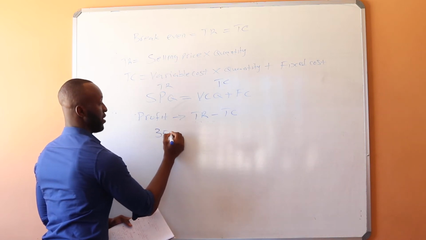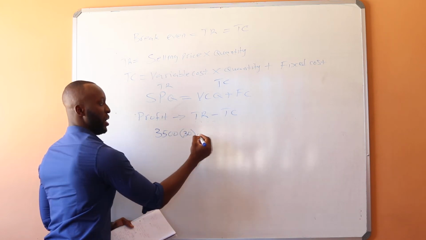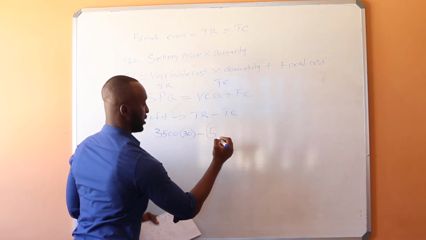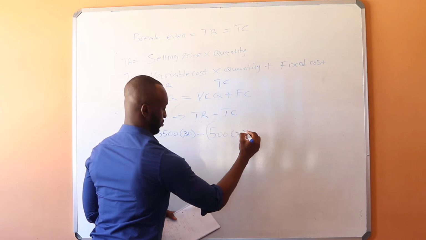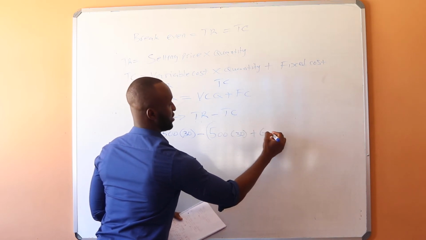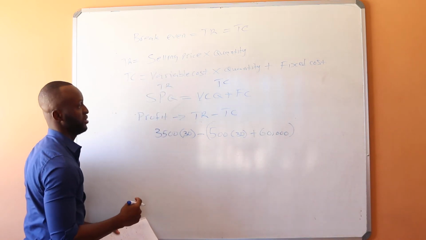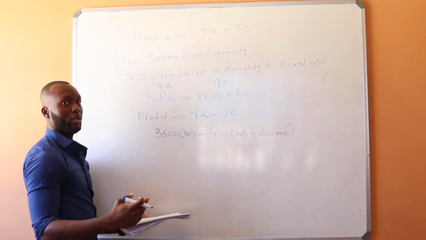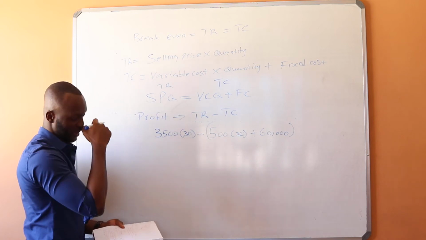It's 3,500, and we only substitute 30 into the equation, minus 500 into bracket 30, plus 60,000. Nothing else changes in the question. We are only solving including the quantity 30: what's going to be the profit if you're selling 30 units.